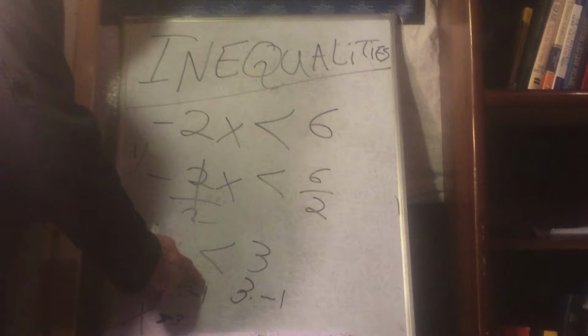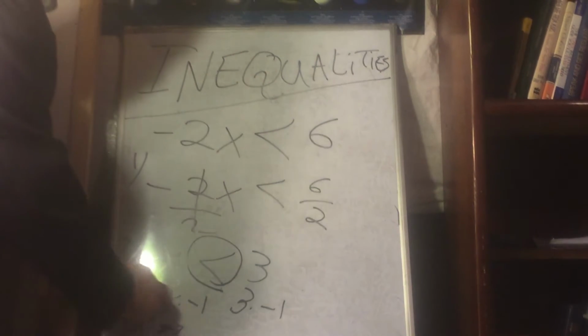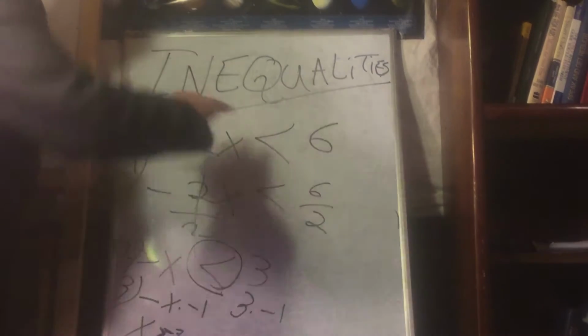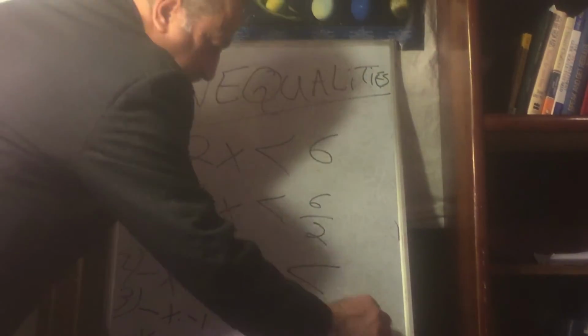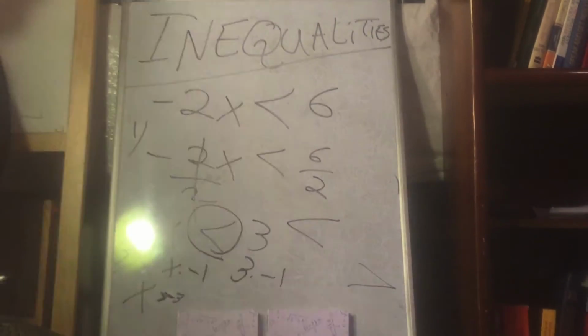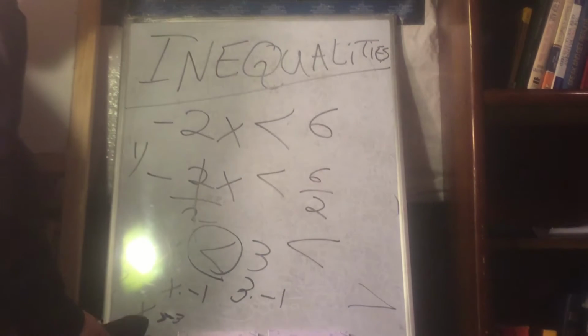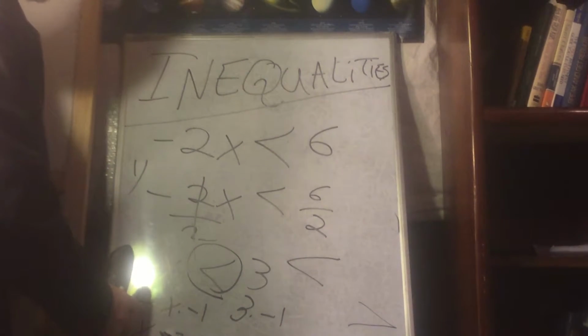So you reverse the sign. That's what I'm trying to tell you. When you multiply by a negative, you reverse the sign. So the less than becomes greater than. So x is greater than negative 3.